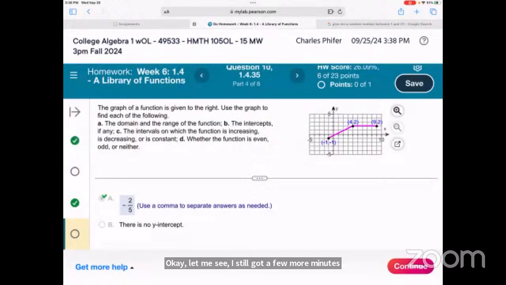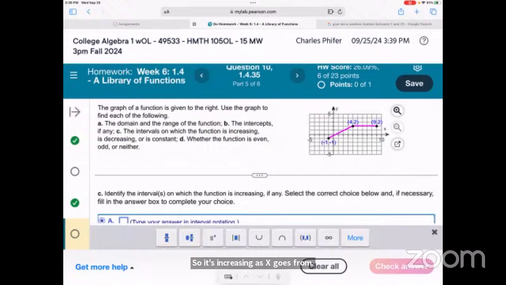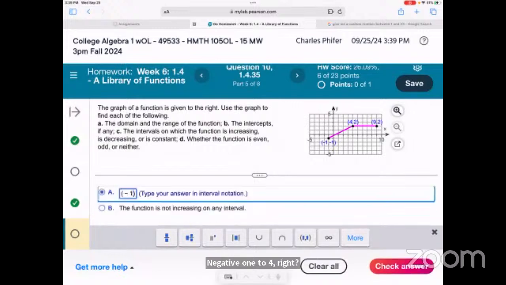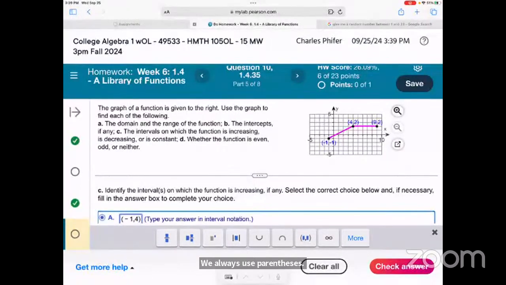Okay, continue. Identify the intervals over which the function is increasing, decreasing, or constant. As we trace this image from left to right, initially it's increasing as x goes from -1 to 4. For our purposes, whenever we're submitting a result for increasing, decreasing, or constant, we always use parentheses.